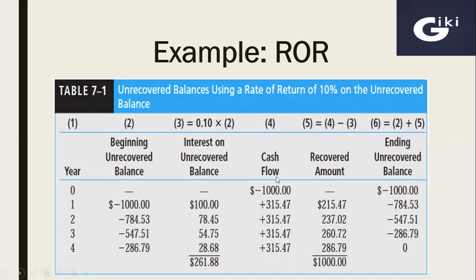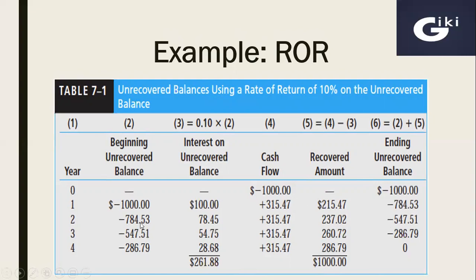Now we need to calculate the ending unrecovered balance. The ending unrecovered balance at time 0 was 1,000. Here we have recovered $215.47. So the ending unrecovered balance at the end of the first year will be $784.53. In the next time period, we'll calculate interest on the basis of this $784.53.